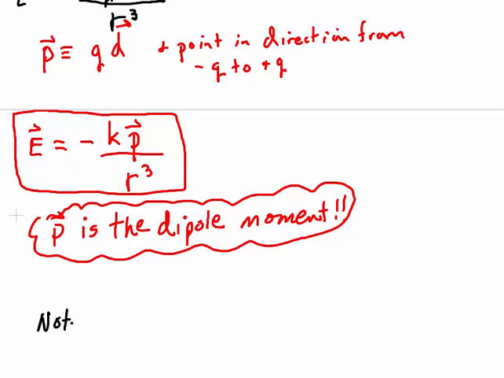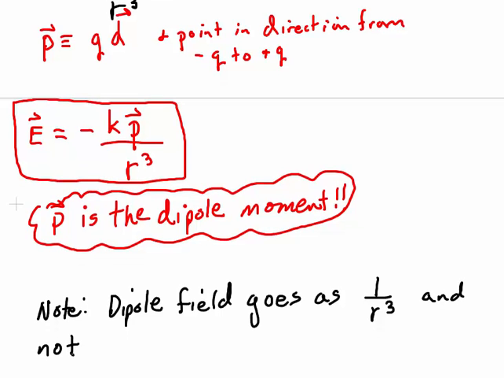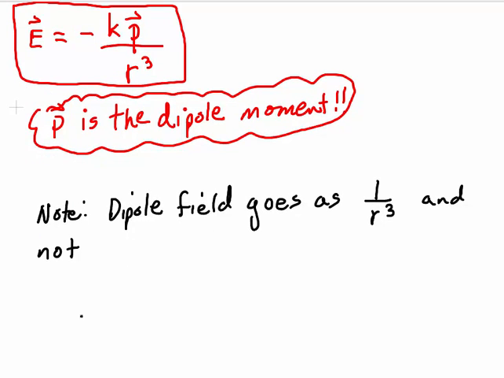Note, the dipole field goes as 1 over R cubed and not 1 over R squared, as for the point charge.